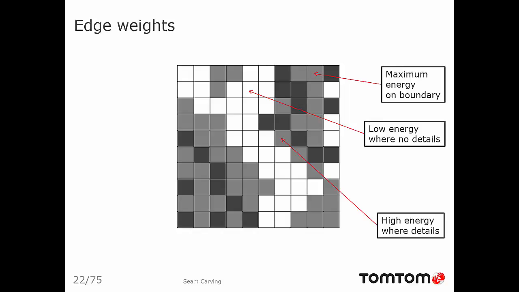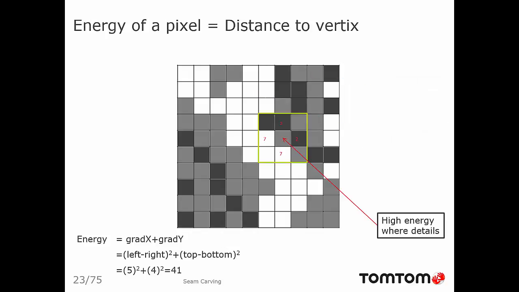There are a lot of ways to realize such a function, but maybe one of the easiest ones, and which will serve our purpose, is just the sum of gradients in x and y directions. So we just make the difference. And of course, we add this value for all 3 colors if we use color space.